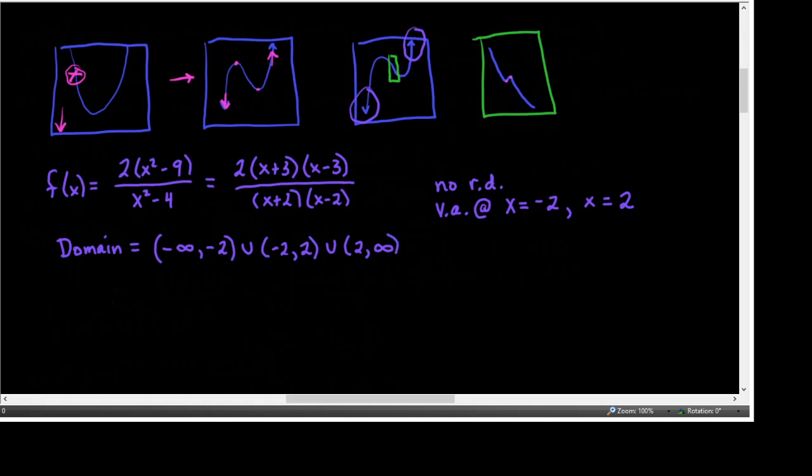Now the range is something that a lot of times you can't just look at the equation and tell someone what the range will be. A lot of times if I'm asked what is the range, I'm going to come back at the end after I've done the graphing and everything and talk about the range. So I'm hoping I don't forget to go back and do this. I'm going to go ahead and write the answer, but you're not going to know how I got it.